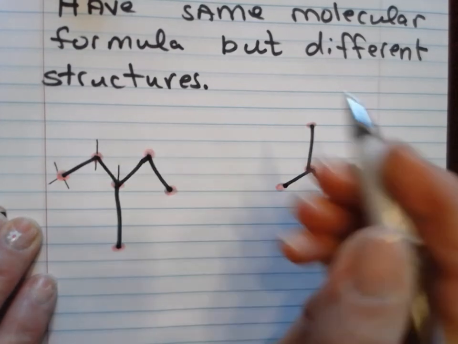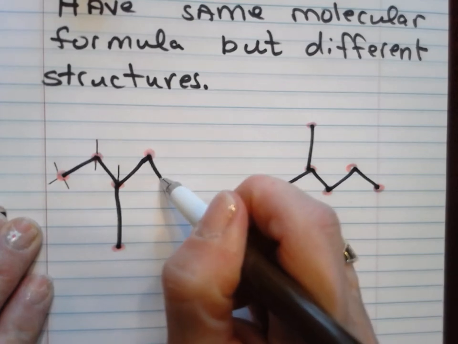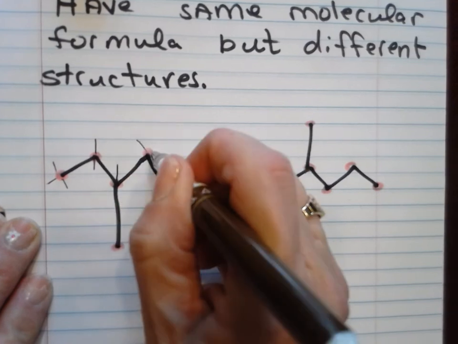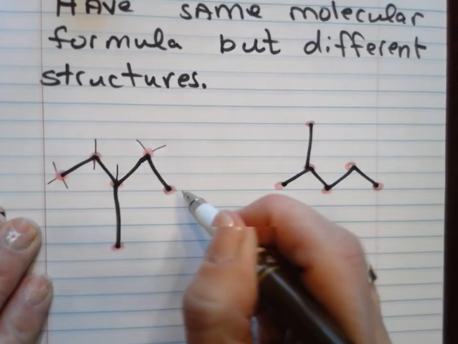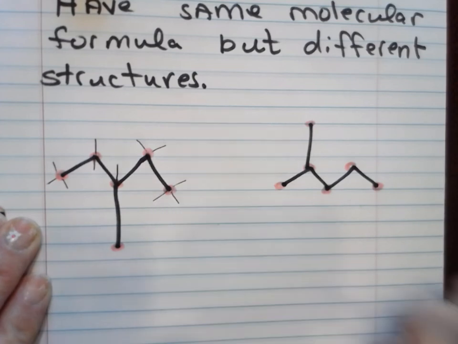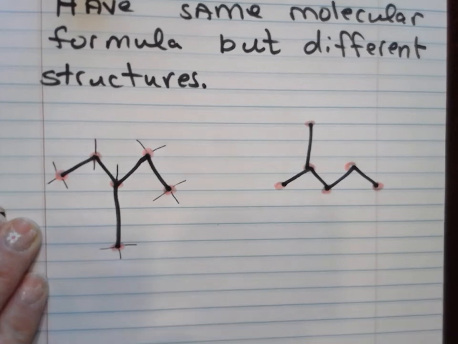This one is bonded to 2 other carbons, so there's room for 2 more bonds. This one is only bonded to 1, so we can put 3 more bonds. Same thing here, it's only bonded to 1, so I can put 3 more bonds. So when you double check, you want to make sure that all of your carbons have 4 bonds.